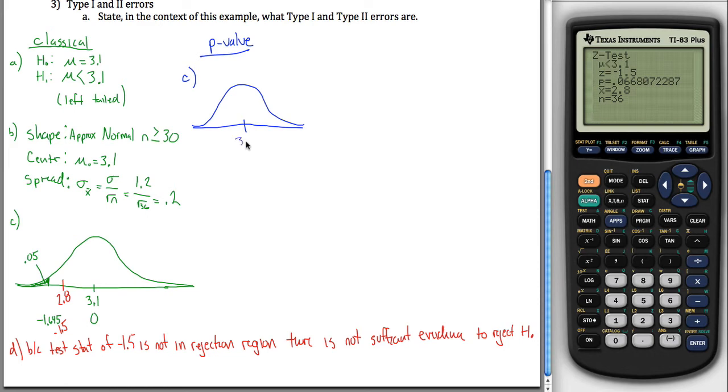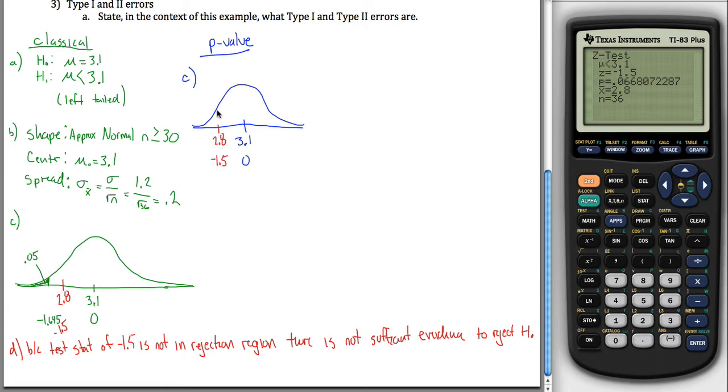We still get 3.1 is in the middle. We still get that has a z value of 0. But now I don't create rejection regions. I don't do this green step. I jump straight to this value of 2.8, which had a test statistic of negative 1.5.